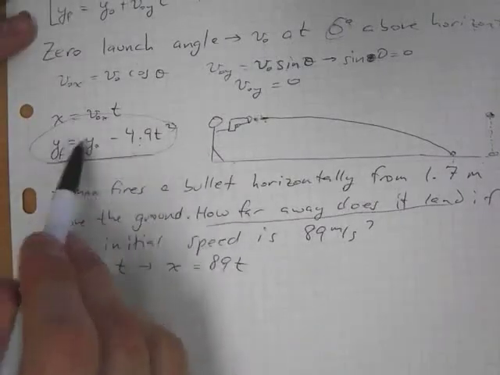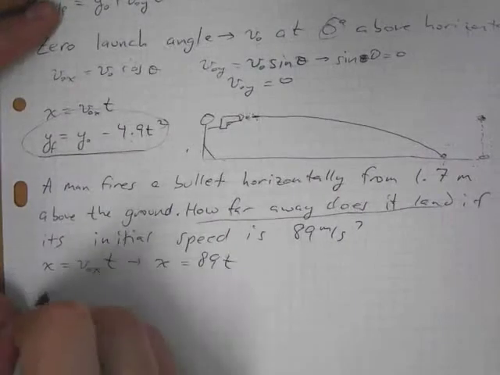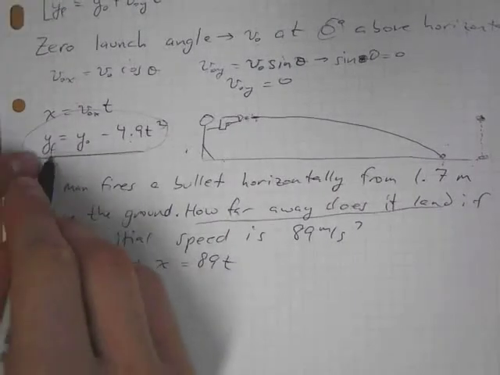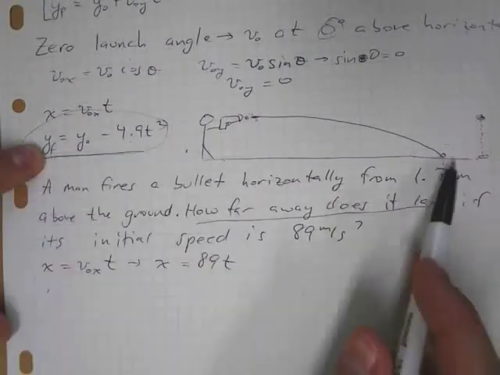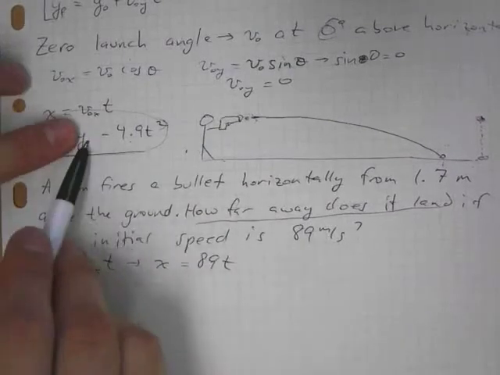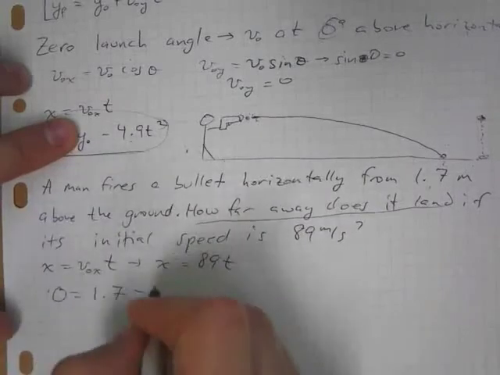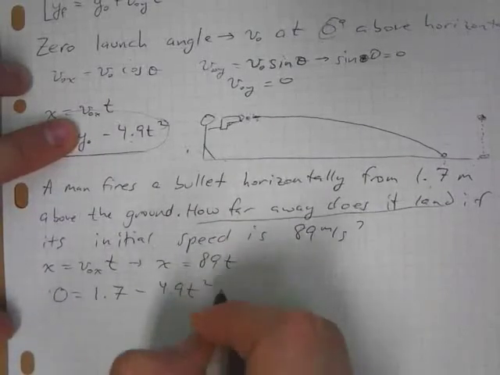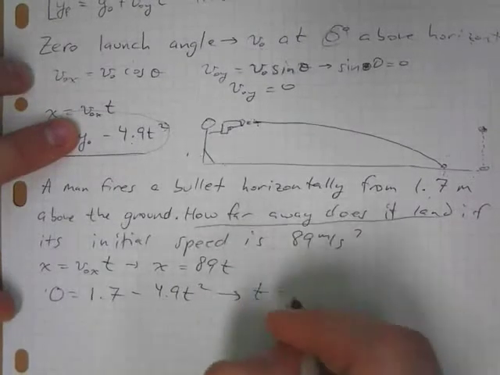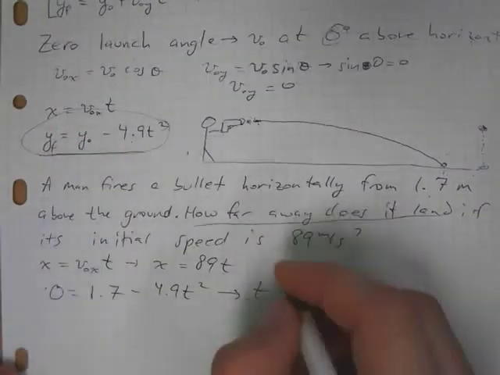So if we look at our y equation, our y final, it's hitting the ground, which means that our y final is 0. Our y naught is 1.7 meters, minus 4.9 t squared. And we can do some quick algebra to solve for t is 0.589 and so on seconds.